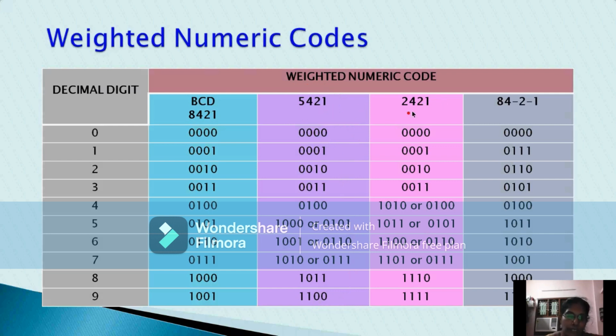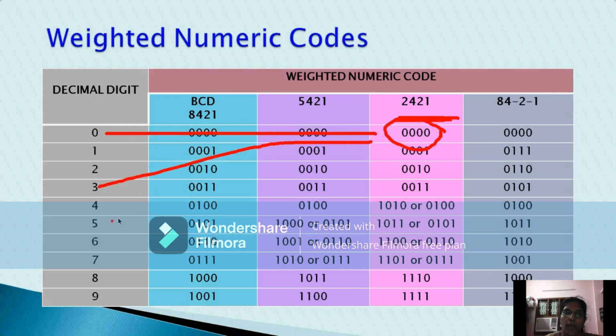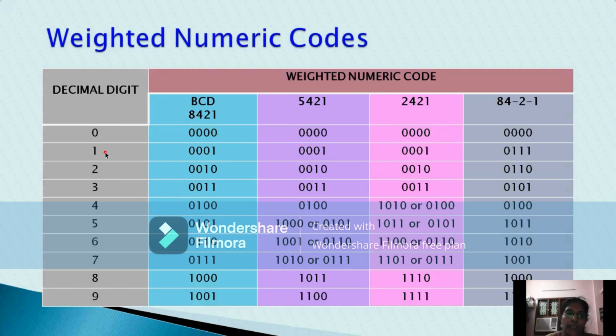If you are using 2421, what is its representation for the decimal 0, the decimal 3, the decimal 5? And for BCD, what is the equivalent BCD for 1, for 2, for 3, like that. So every bit position has some weight value.